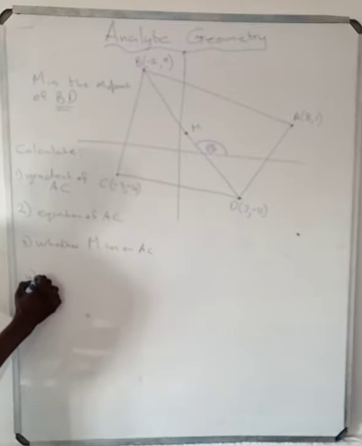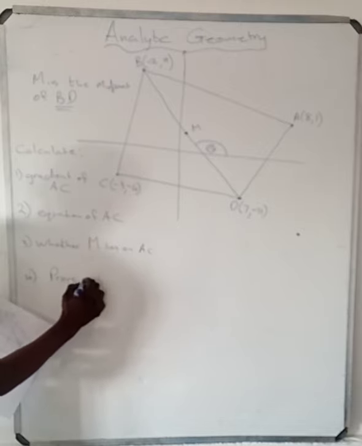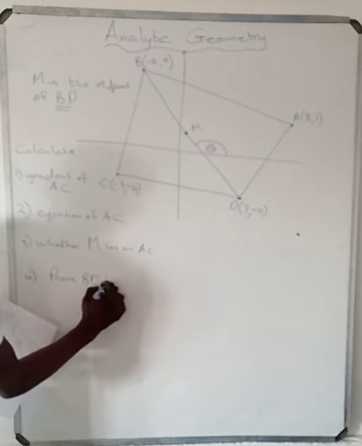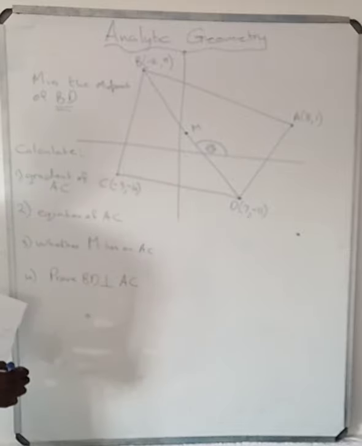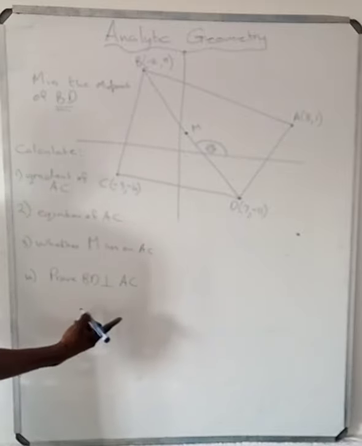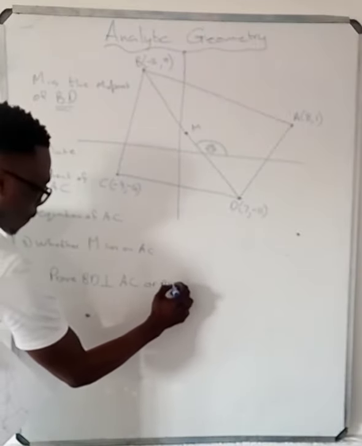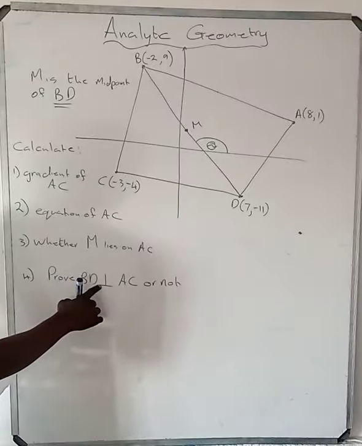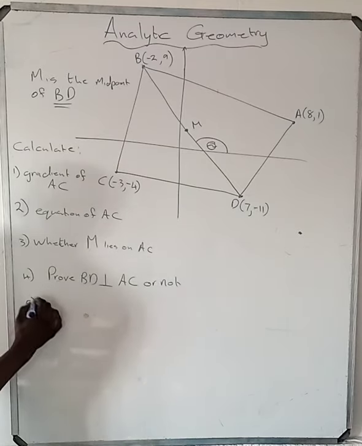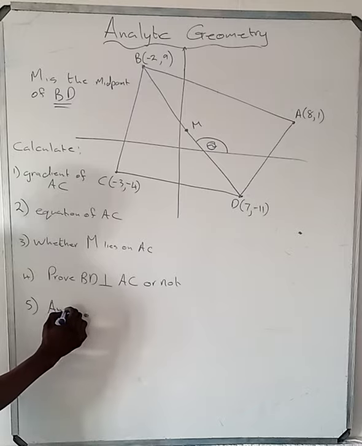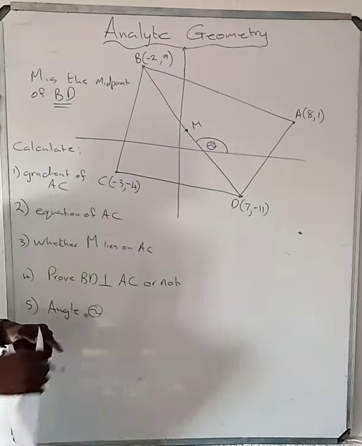Then number 4 prove BD is perpendicular to AC. Which one must prove, is it perpendicular to AC or not? Prove BD is perpendicular to AC or not. Ne? And then number 5, but bafuna the angle, calculate the angle theta. So which is that angle theta?